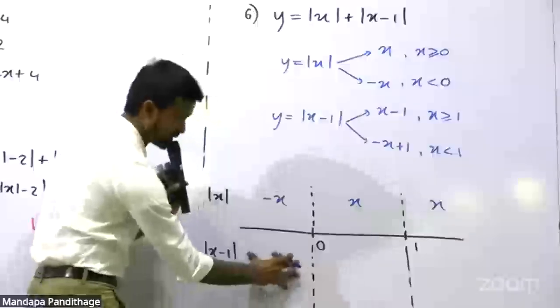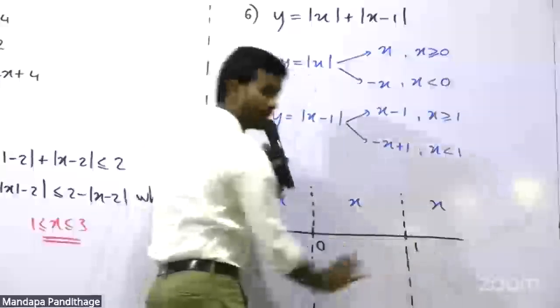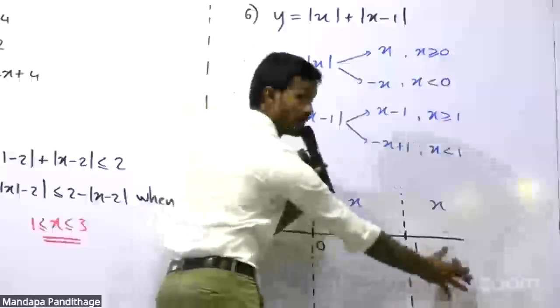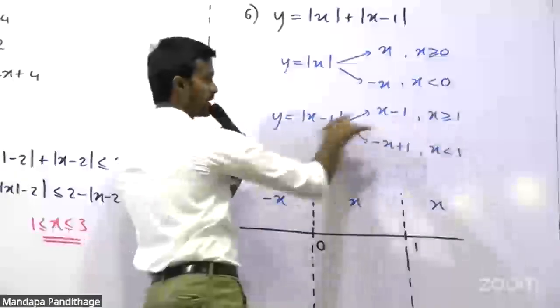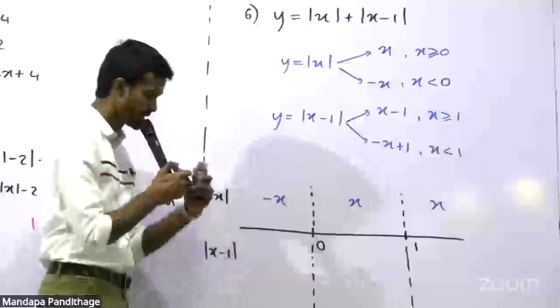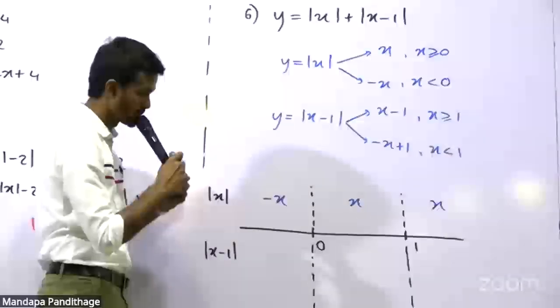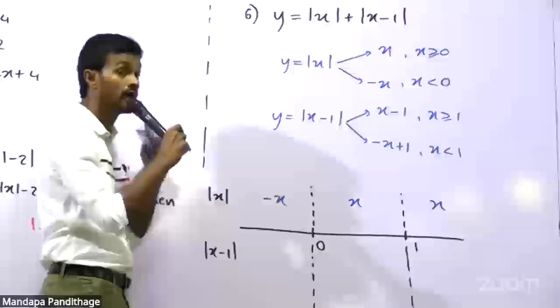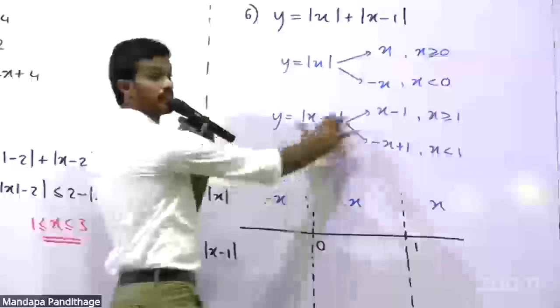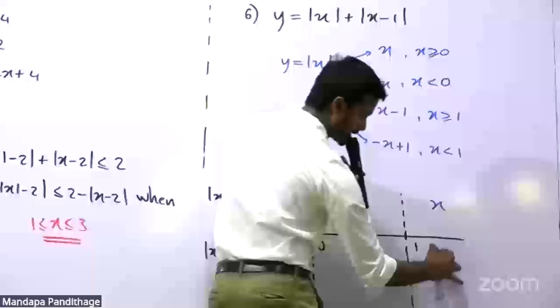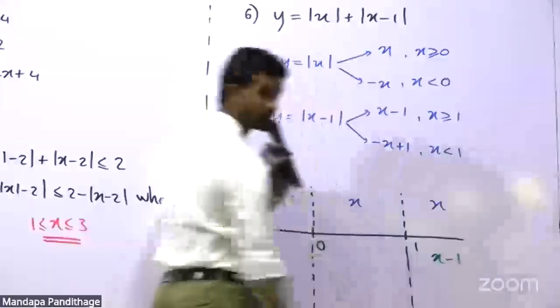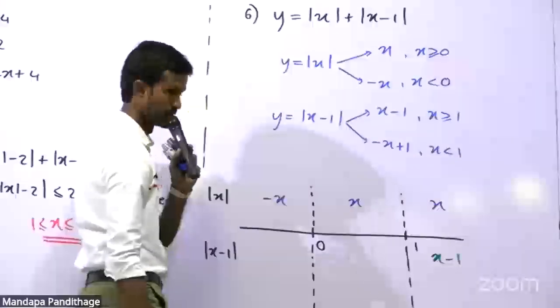Now what is this part? I'll start from here. 1. When x is greater than 1, what can you say about modulus x minus 1? It is x minus 1. So in this range, it becomes x minus 1.